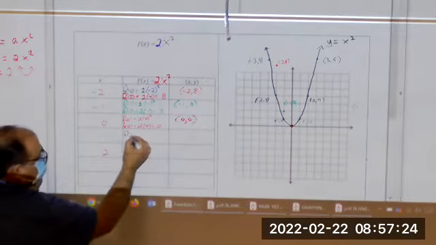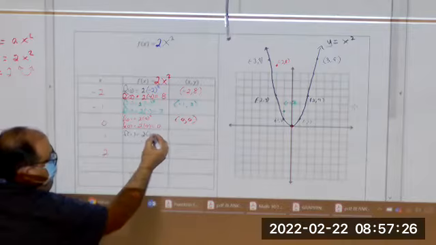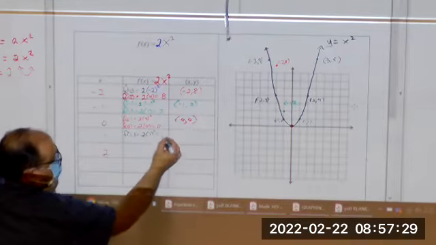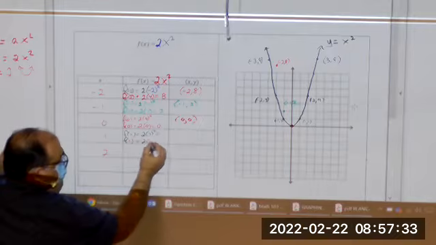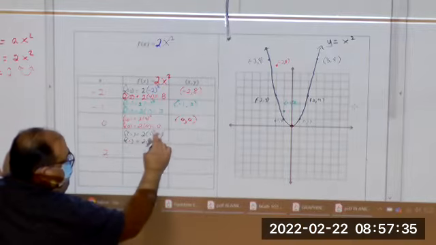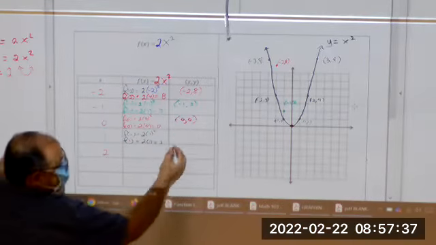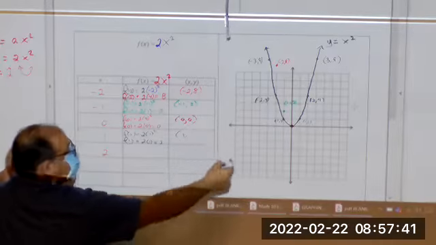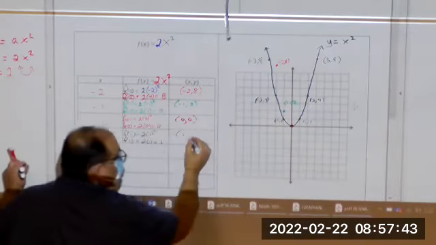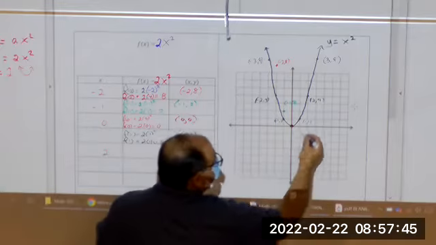And that's f of 1, 2 times 1 squared. And we get 2 times 1, and that's a 2. So we start to see how the symmetry plays out. When +1 goes in, instead of getting smaller and smaller, it's going back up. We're at 1, 2.